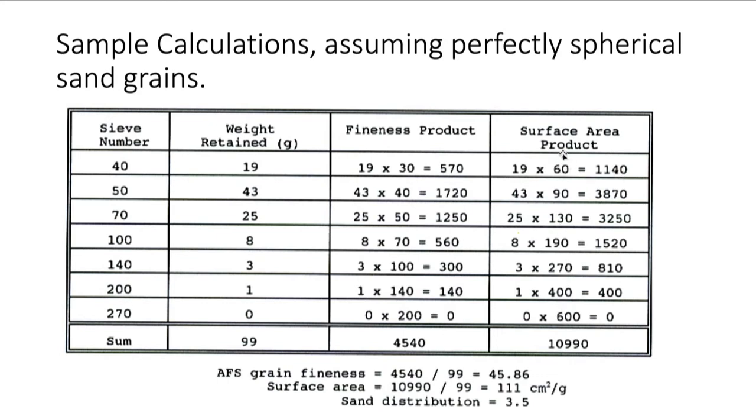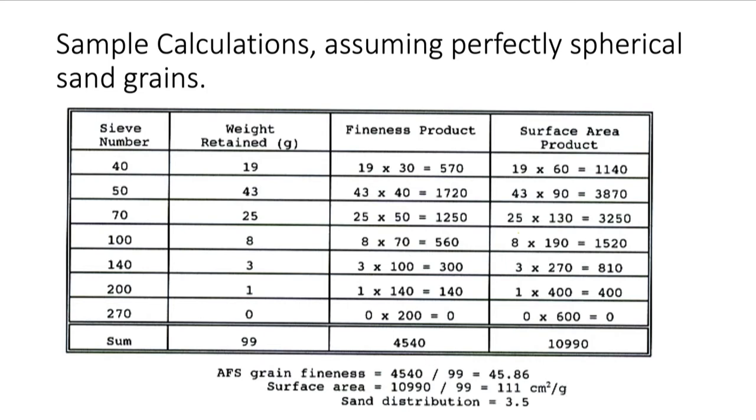So you have to do two extra things on this surface area calculation. First of all, we have to use the right multipliers. We add those products up, and we get 10,990, and we divide it by the number of grams, and we get 111 square centimeters per gram.